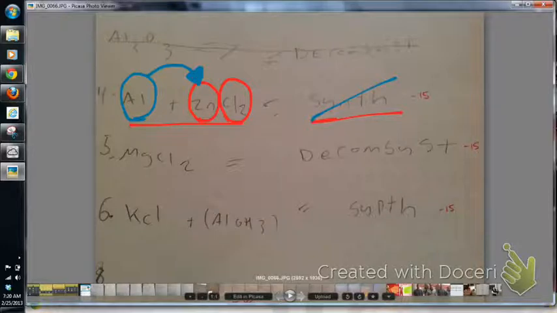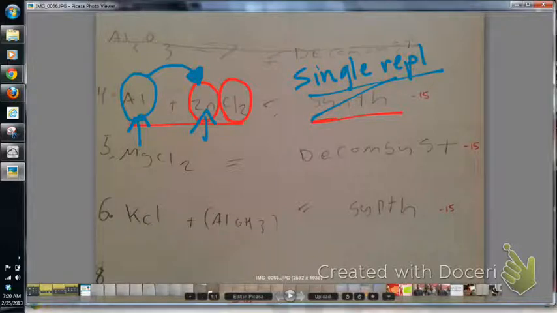And the reason it's not a synthesis is you don't have 2 things that are by themselves, so you have 1 thing coming in to replace one of a pair of things, and so this makes it a single replacement. And single because one of these things is single, and you're only replacing 1 thing. So that's how you can tell that it's a single replacement.